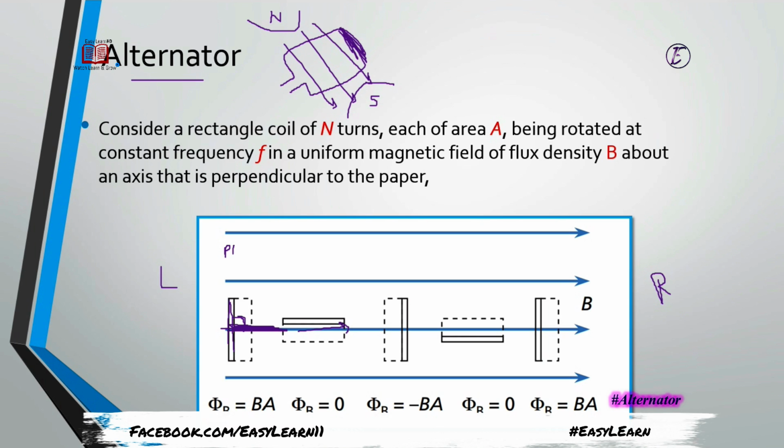It means we can obtain the maximum flux in the coil at this position when it is placed vertically. In the general case, we can say that when the normal to the surface of the coil makes an angle of 0 degrees with the magnetic field, the flux is maximum. Right now, at position 1, it has the maximum flux.